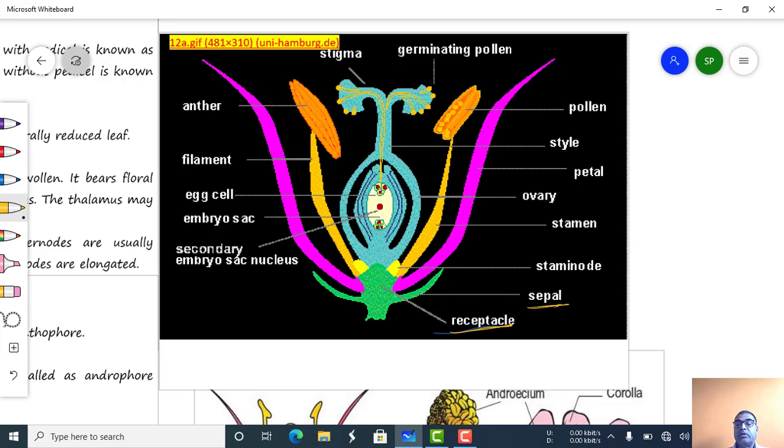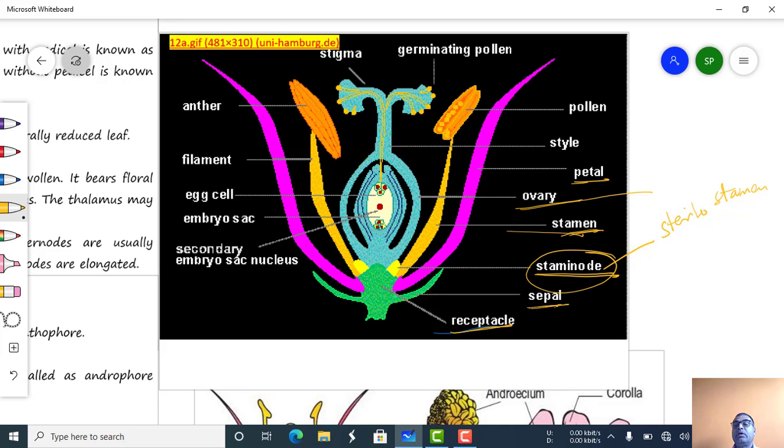Then this is the labeling for the staminode. A staminode is a sterile stamen, or a stamen which is not functional. This is a stamen, an individual member of the androecium. This is the ovary, the basal part of the gynoecium.